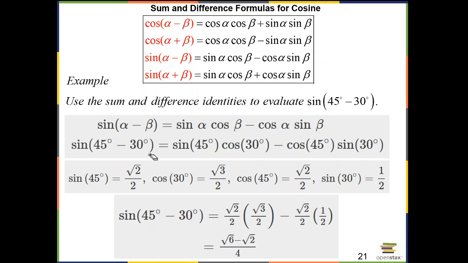So for sine of 45 minus 30, again, we use this formula, sine alpha minus beta. And we put the values there, and we have an answer. So you can stop the video and follow this and make sure you can get this. It's really not that hard. It's a little bit of arithmetic.